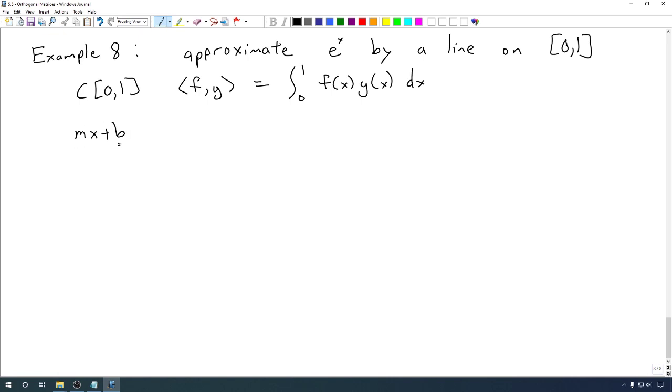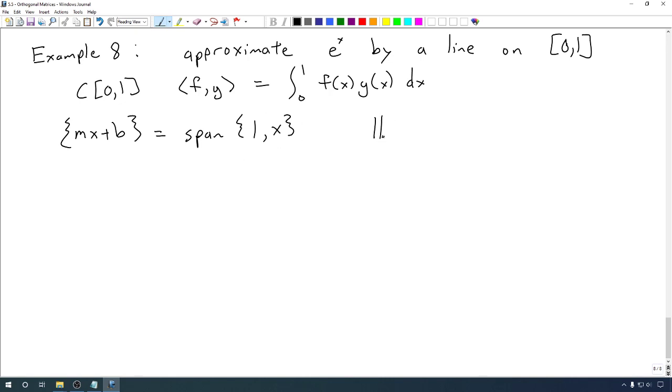Now, what we're doing here, we have the collection of all lines out there as a subspace, but it's spanned by vectors 1 and x. And we could take 1 and x as a basis for the subspace of all lines. Unfortunately, it's not an orthonormal basis.